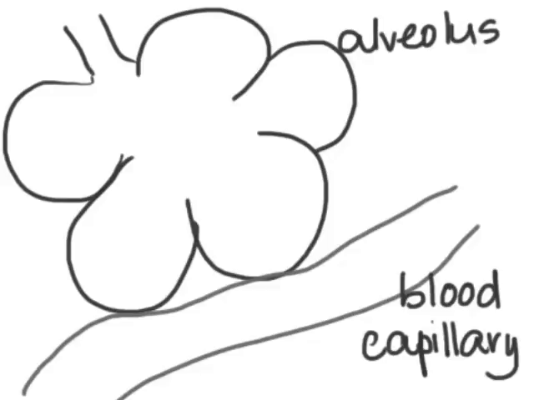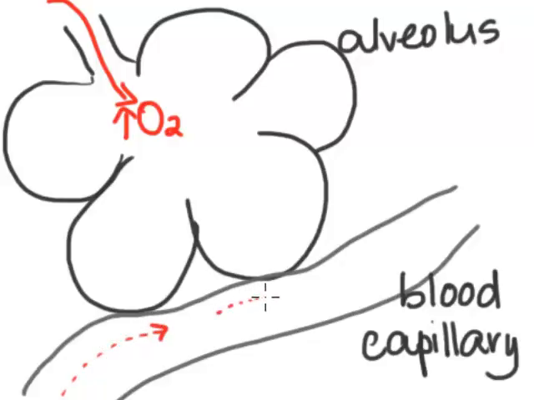Coming into the alveolus is air that is rich in oxygen. It has a high oxygen concentration. The blood that is moving past the alveolus has a low oxygen concentration.